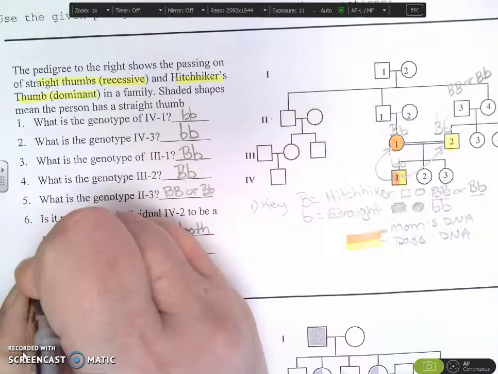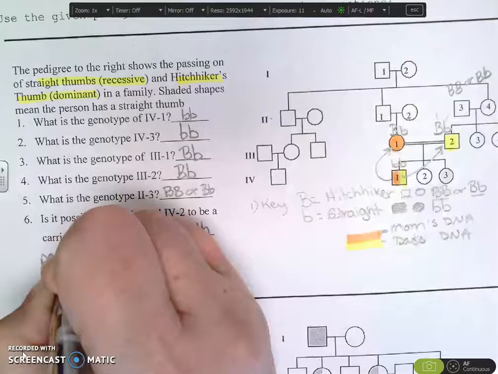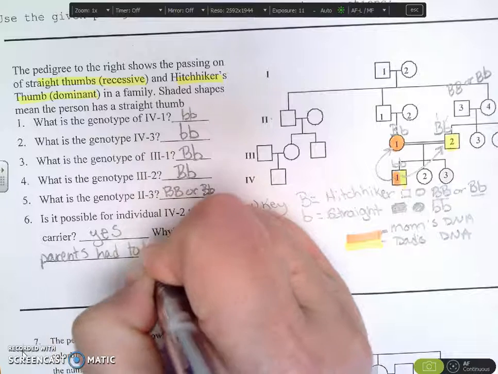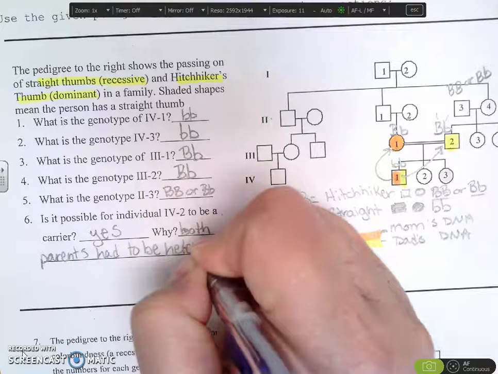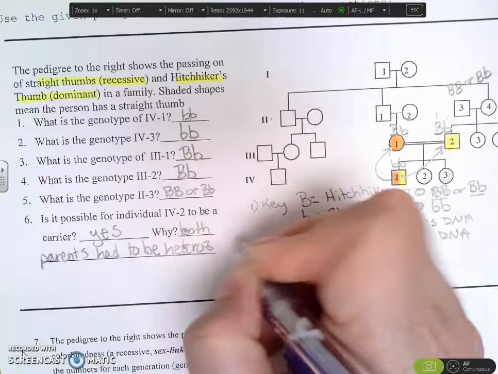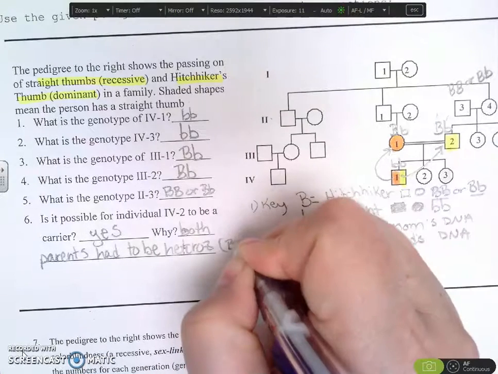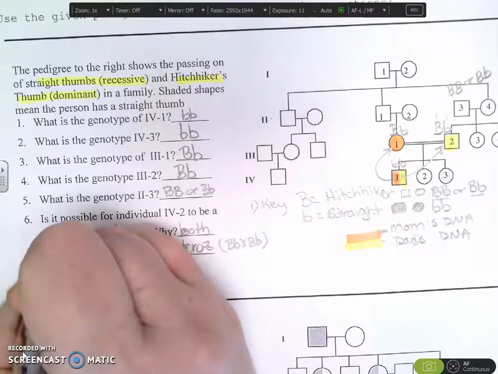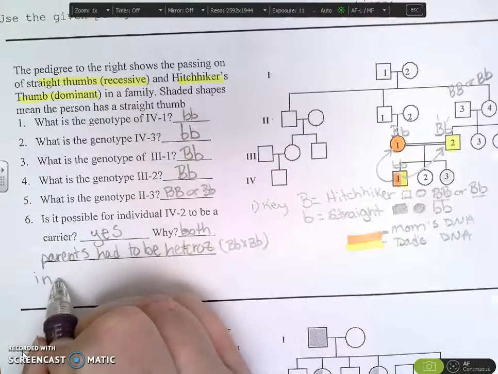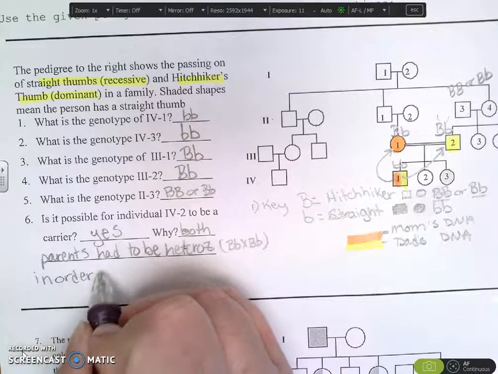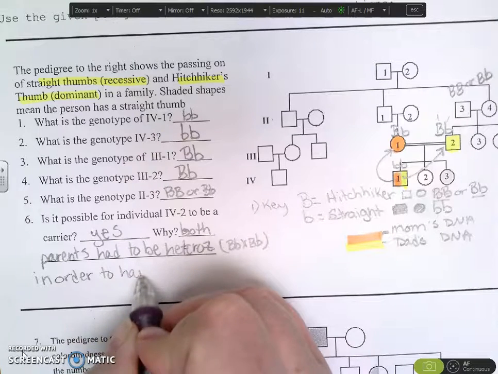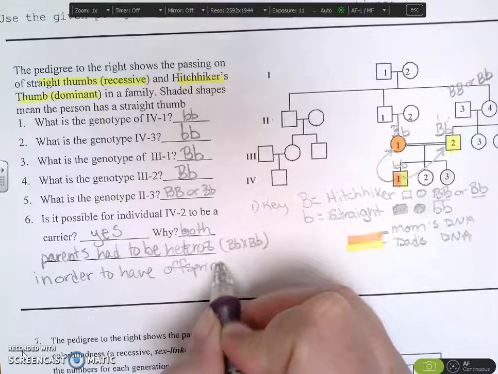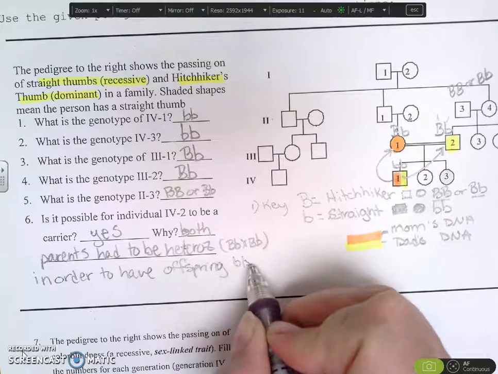Both parents had to be heterozygous, which is a cross between two hybrids, in order to have offspring with this genotype.